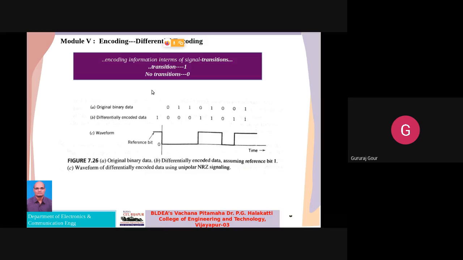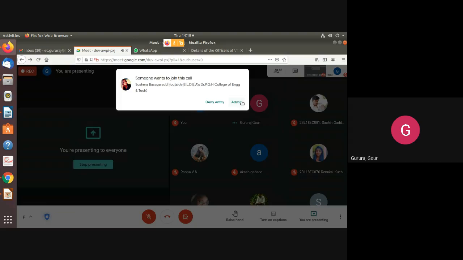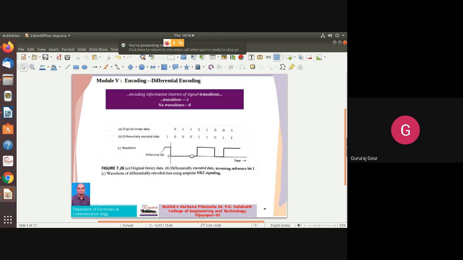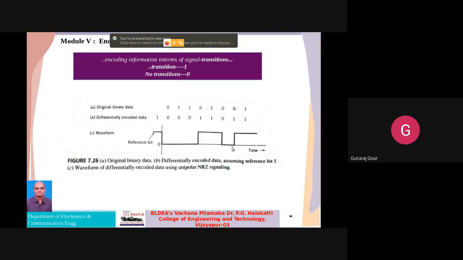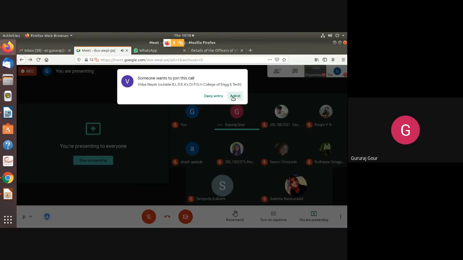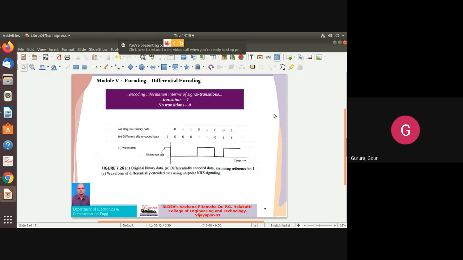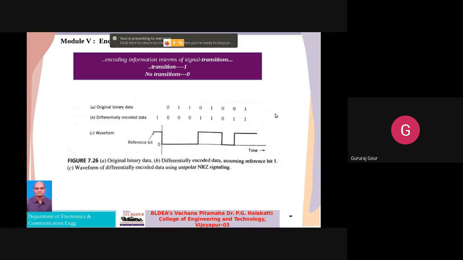So encoding is nothing but simply encoding the information in terms of signal transitions. This is important, guys. Again we are trying to transform the information in terms of signal transitions.